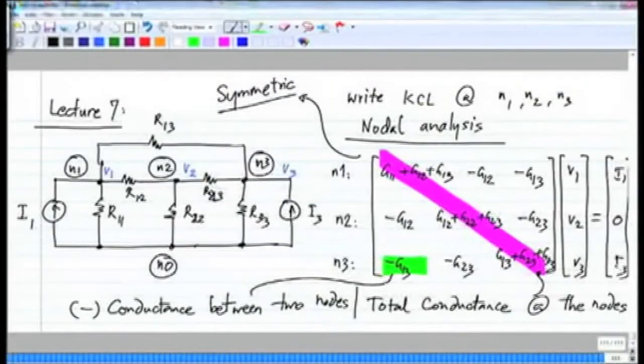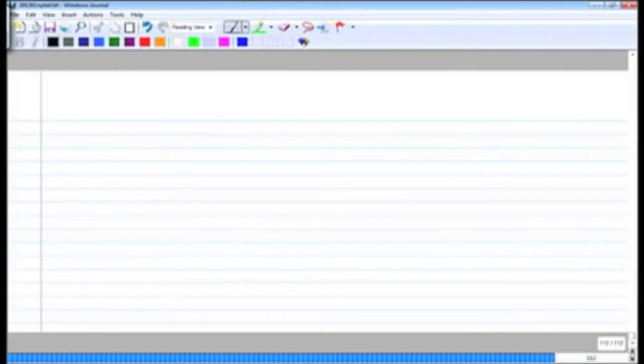Okay, and we have this equation in the form, the conductance matrix times the node voltage vector equals the vector of independent current sources.